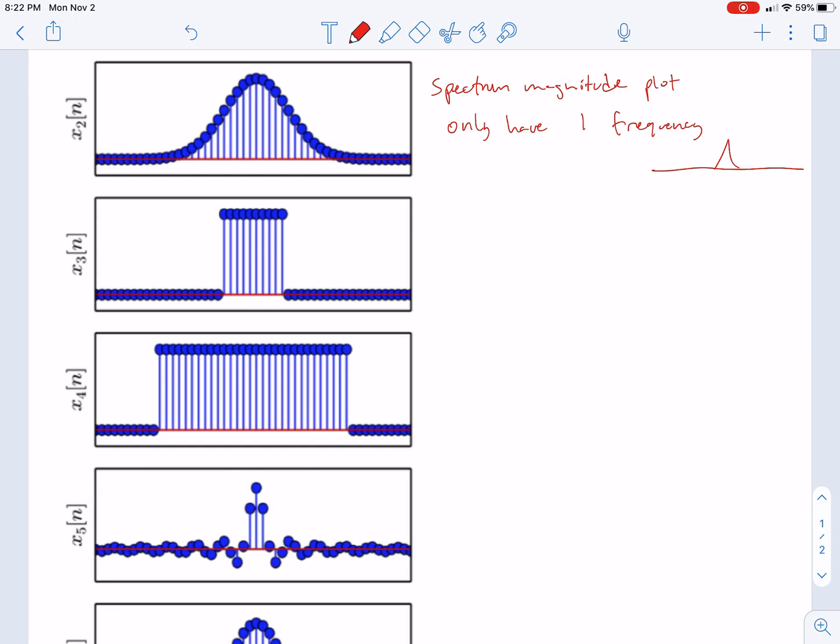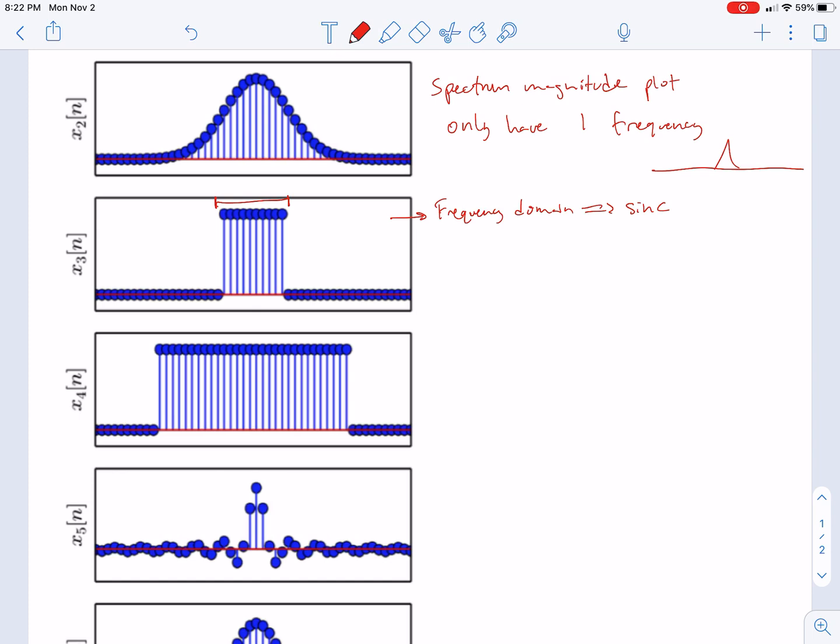They are 0 everywhere outside of some range, which means that this, in the frequency domain, is a sinc function. Something that looks like a low-pass filter or rectangular in the time domain looks like a sinc function in the frequency domain.